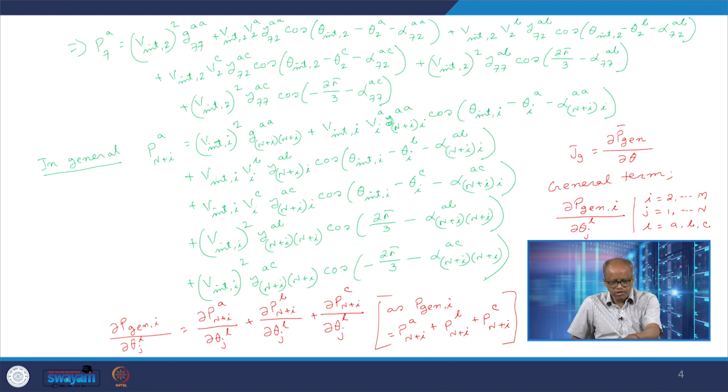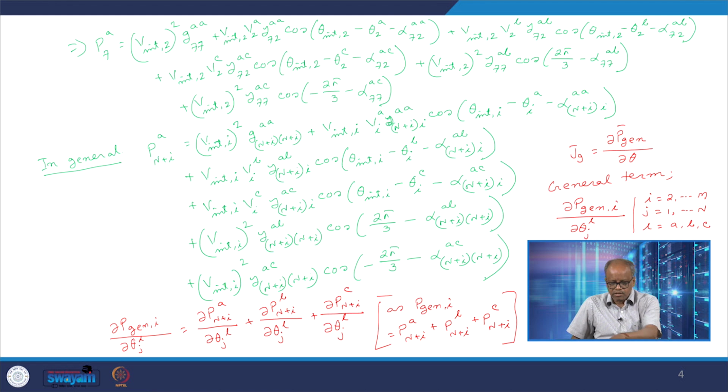So you see here in this case only the terminal bus. So for bus i, that is the terminal bus, and n plus i-th bus is the internal bus, right. So when we are taking the derivative with respect to theta j l, you see here only j equal to i will exist, right.